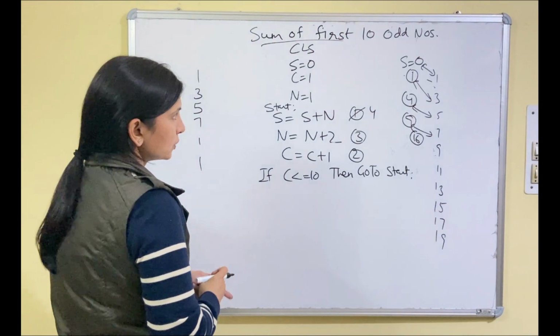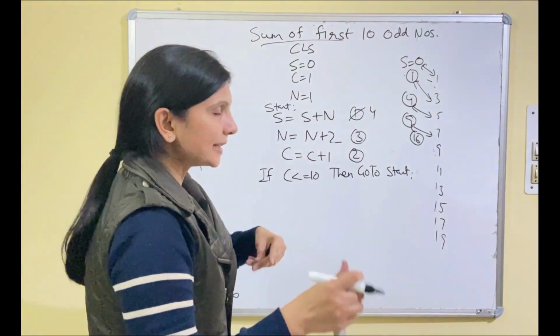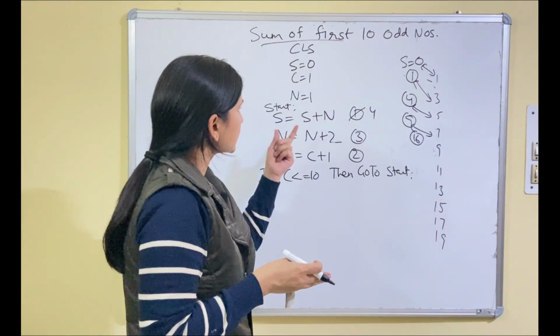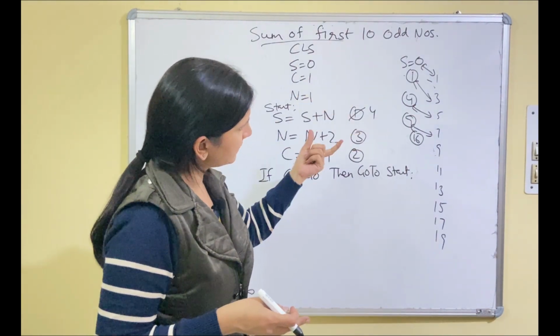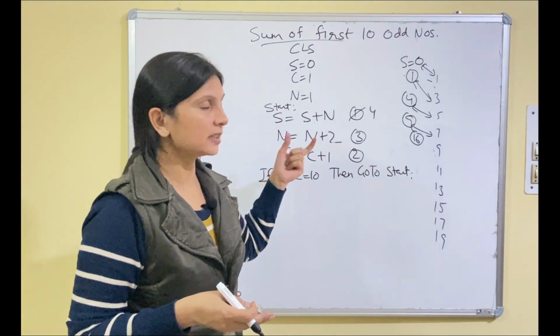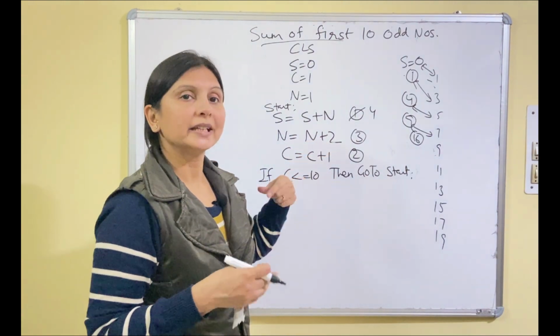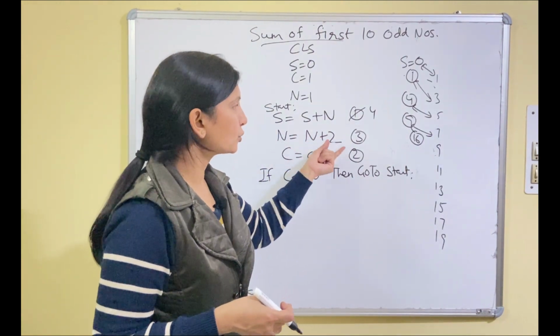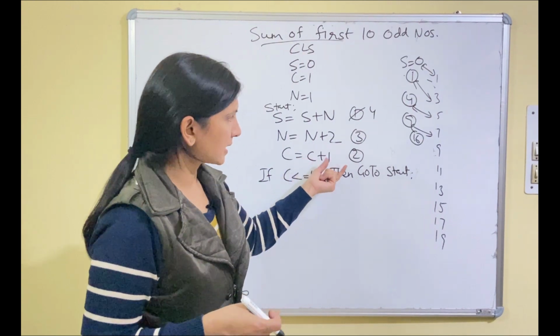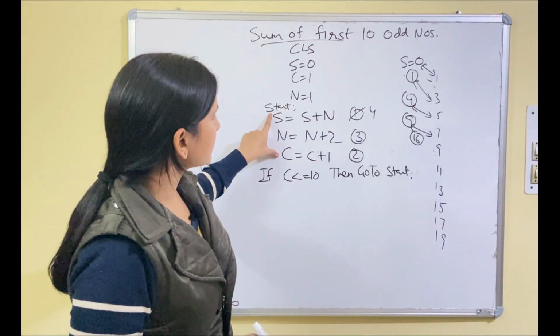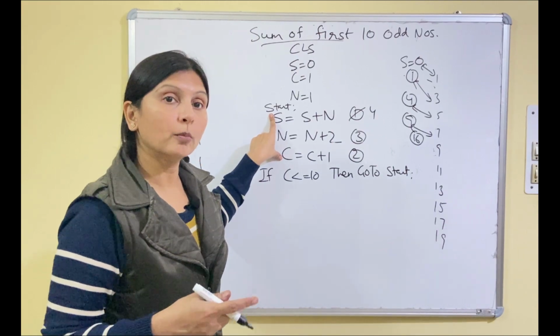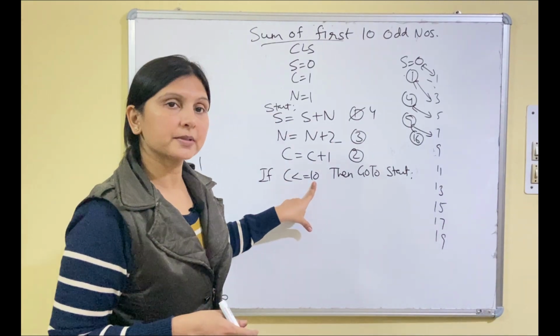Fine. So this s will keep on adding the numbers and assigning to itself, and this n will keep the same way as earlier. It will keep on increasing by 2. C is a counter, will be increasing by 1, and these statements will be repeating 10 times.